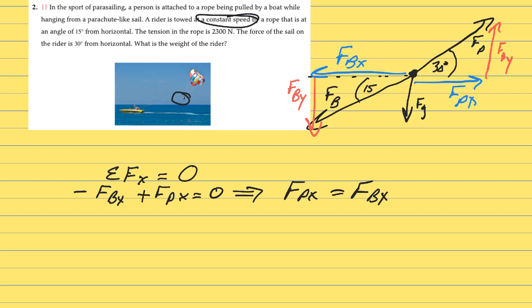All right, one thing I kind of missed here is the tension in the rope is 2300, and the rope, I believe they're calling the boat, so that's going to be 2300 newtons here.